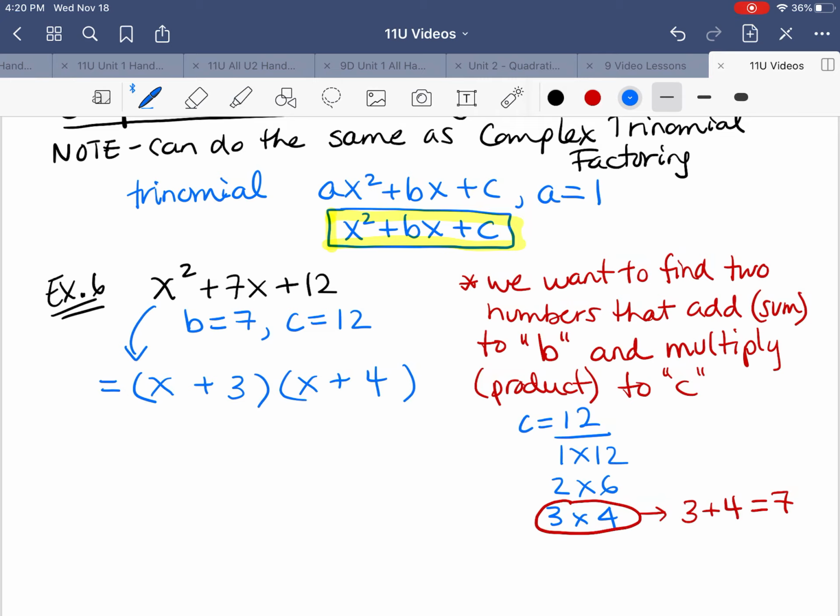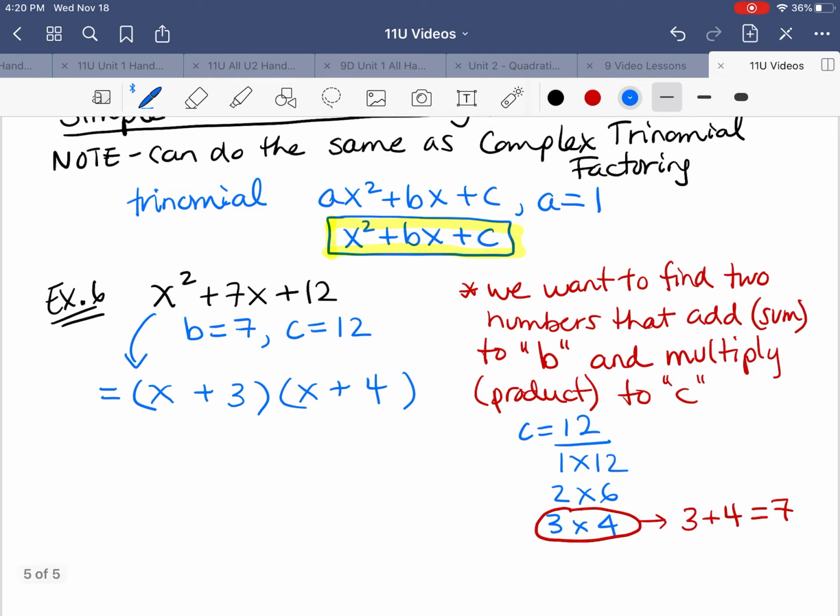That's why I have x plus 3 times x plus 4. And so what we've done is we've taken our trinomial from three separate terms, and now it is all factored together. It is all multiplied together. So when a is equal to 1 and we have a simple trinomial, this is kind of a shortcut or a quick way of doing it.